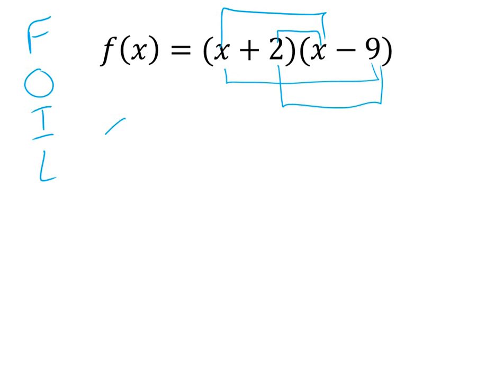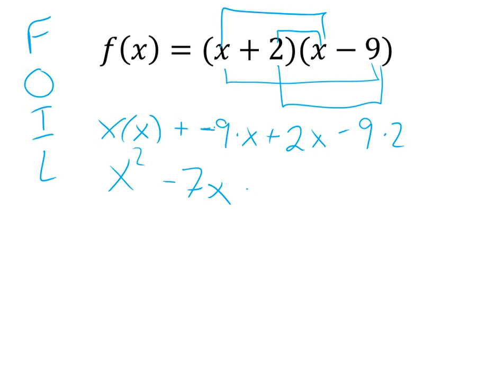So we would have x times x plus negative 9 times x plus 2 times x plus negative 9 times 2. Then we would simplify: x squared minus 7x minus 18.